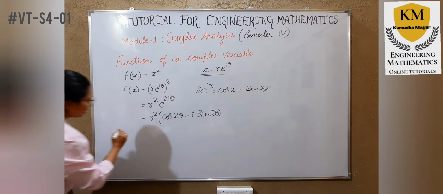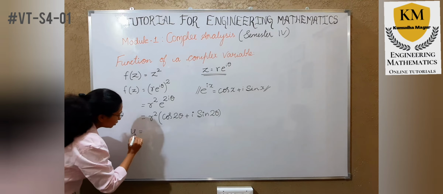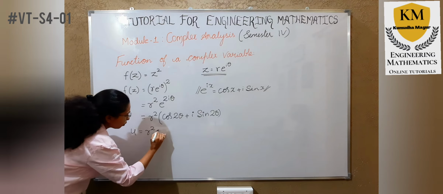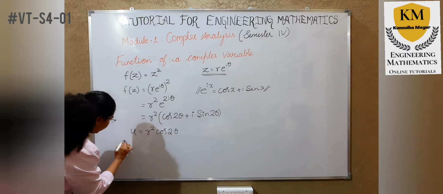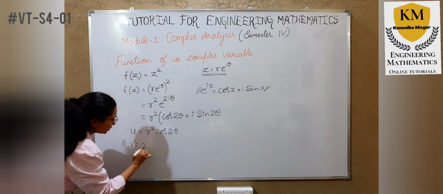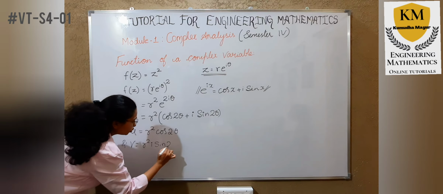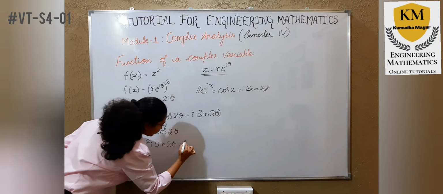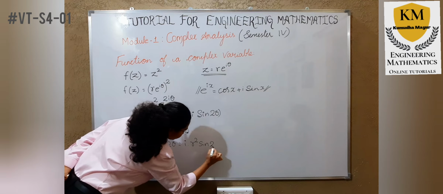So here I can write u equals r square cos 2 theta and v equals r square sin 2 theta, also you can write i into r square sin 2 theta.